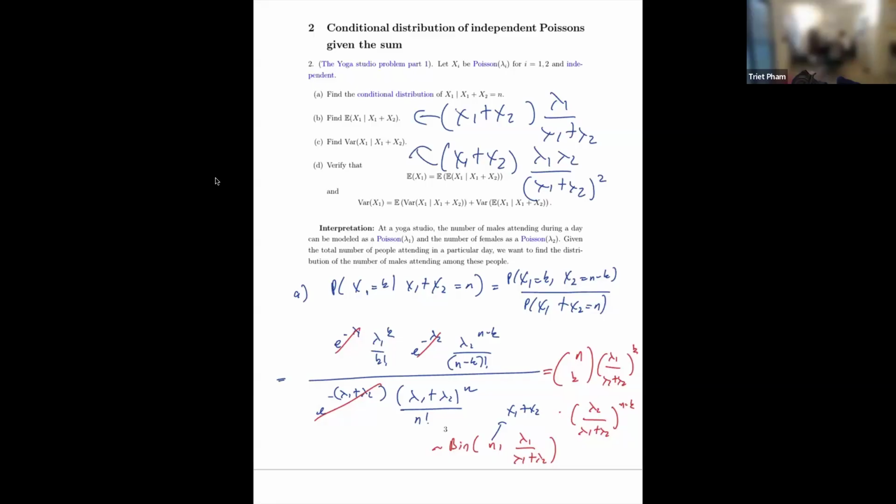All right, so now with part B, we get to verify not only the law of total expectation, but also the law of total variance. Okay. And so, yes, we need more room.